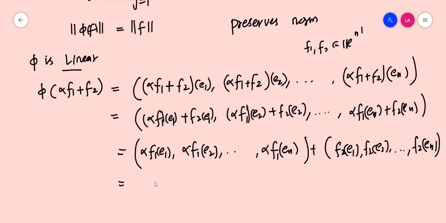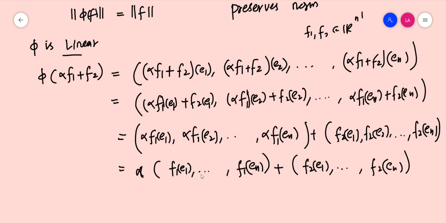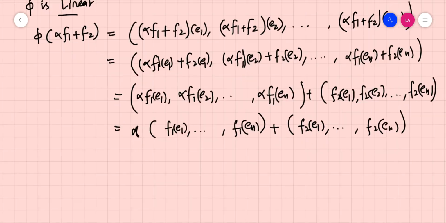This can again be written as alpha times (f1(e1), etc., f1(en)) plus (f2(e1), etc., f2(en)). Here (f1(e1), etc., f1(en)) is phi of f1, and (f2(e1), etc., f2(en)) is phi of f2.